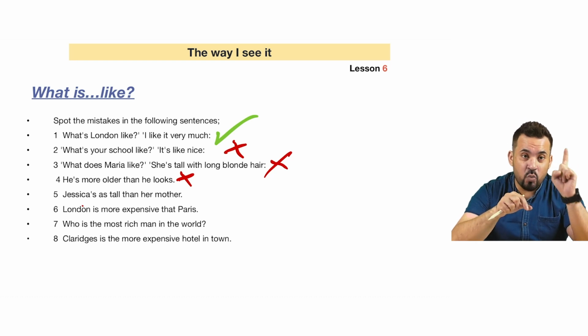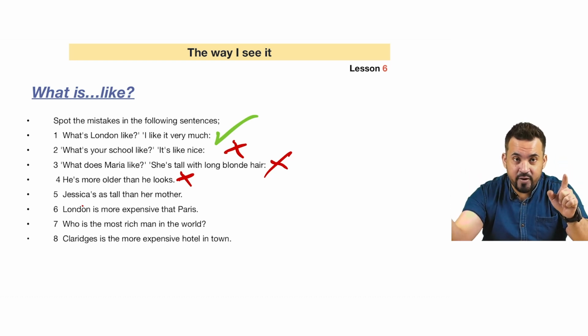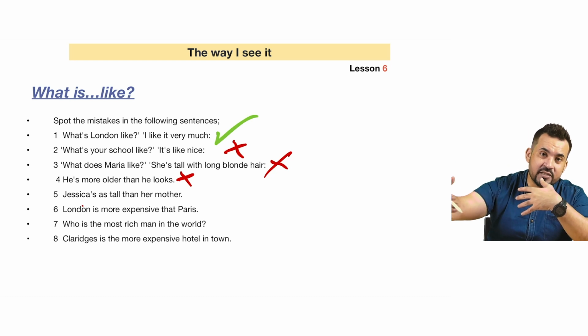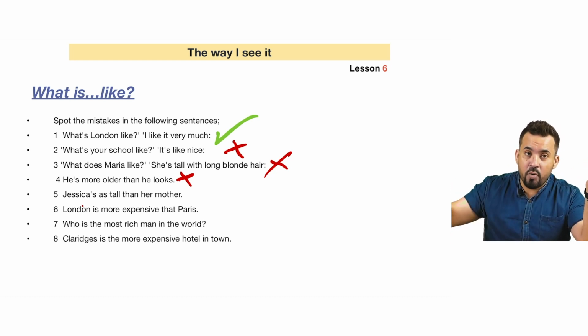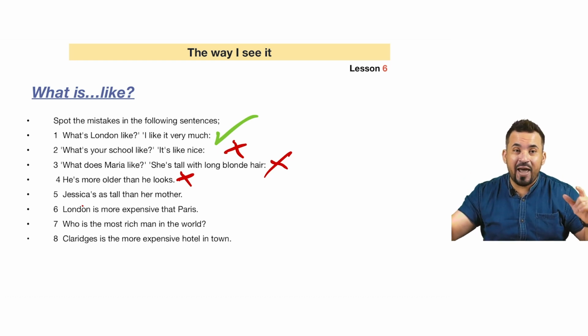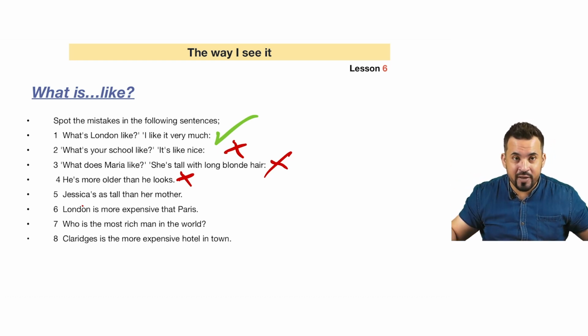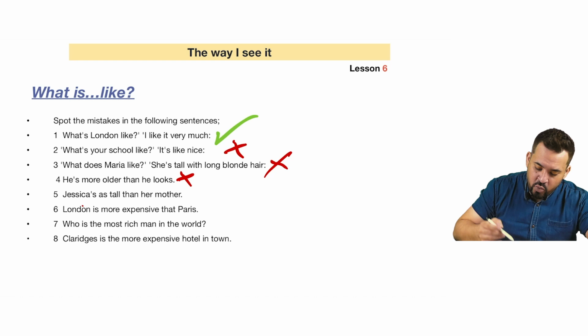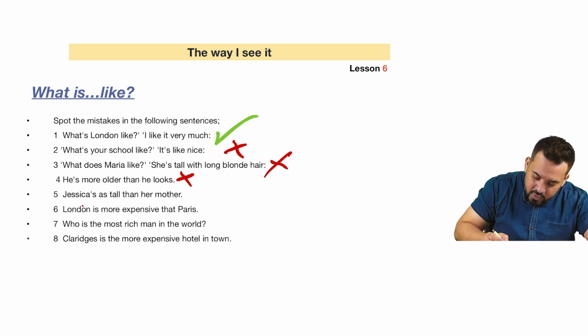We said if it's one syllable, we add -er. If it's more than one syllable, then we use more or most. Now, we don't do both. We don't add -er and use more. So here it will be, he's older than he looks.